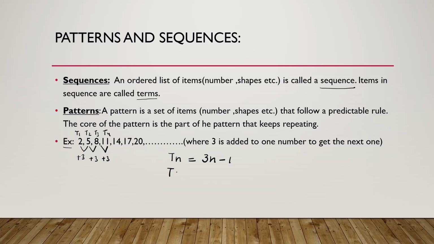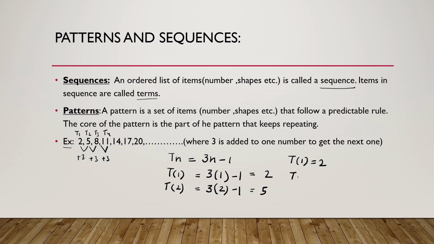So we will calculate the first term of this sequence. 3, I will replace n with the first term, minus 1. So what will it be? 3 minus 1 equals 2. So T1 equals, sorry, 2. Likewise I will calculate the second term. 3 and n is 2, minus 1. 3 into 2 is 6, minus 1 equals 5.